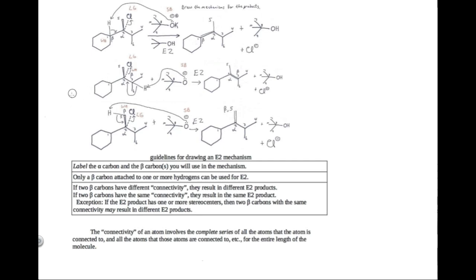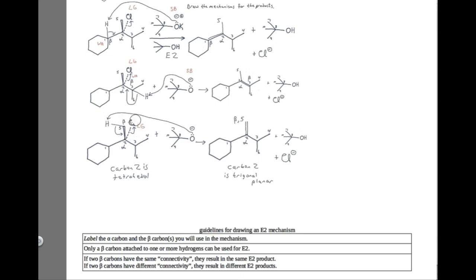That's enough right there to see that each of those beta carbons has different connectivity. So we can be confident that each of those beta carbons will result in a different E2 product. And again, you can confirm that each of these alkene molecules is clearly a different molecule from the other two.